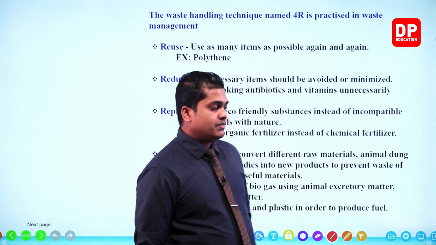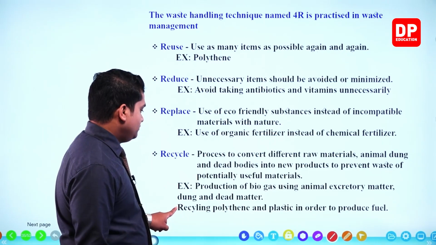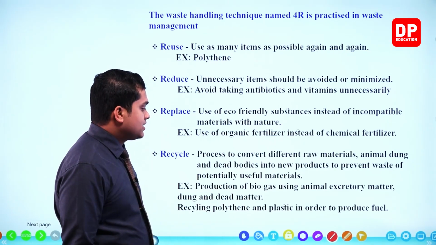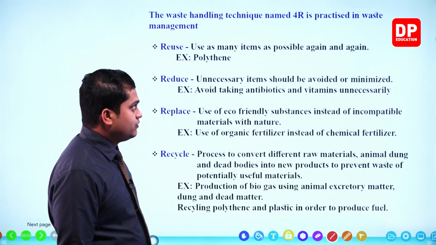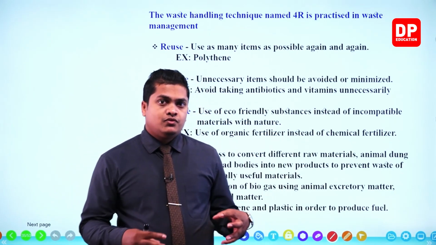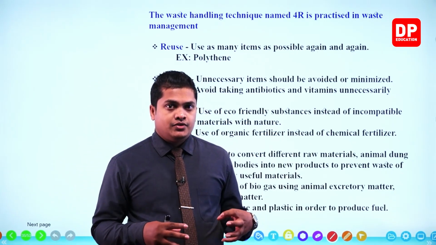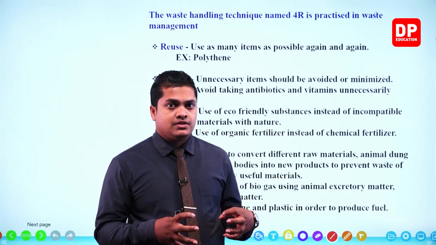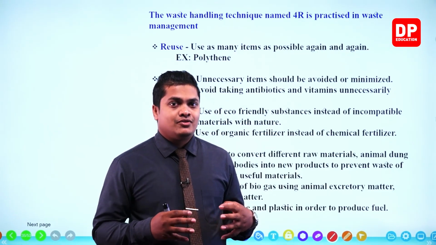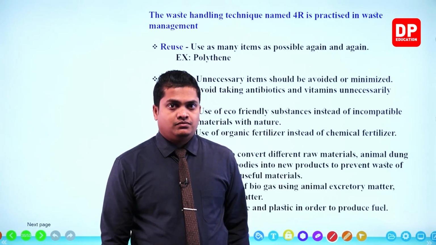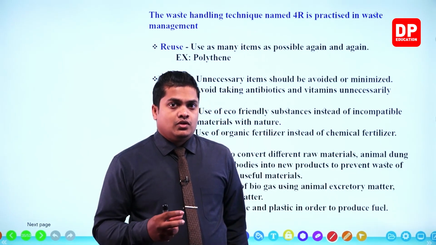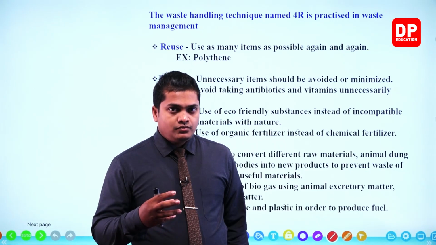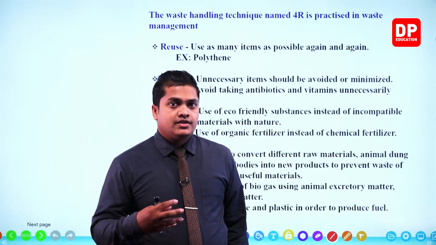Then the second example, recycling polythene and plastic in order to produce fuel. To produce fuel, my dear children, we can use this polythene, plastic and other kinds of substances which are expelled to the environment. By burning these things, we can generate certain fuels.